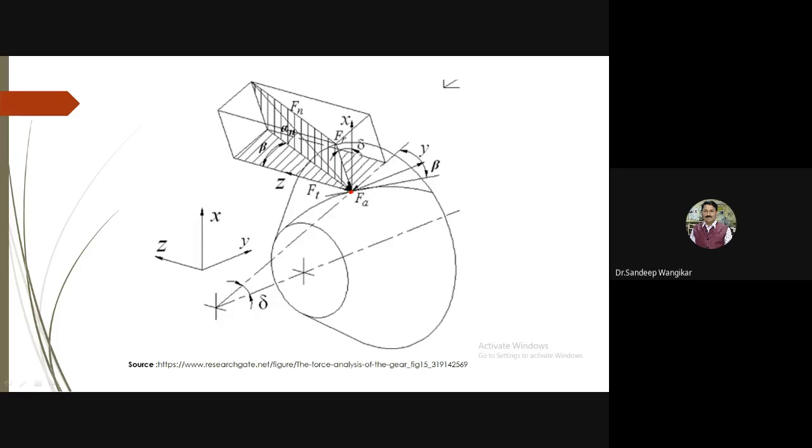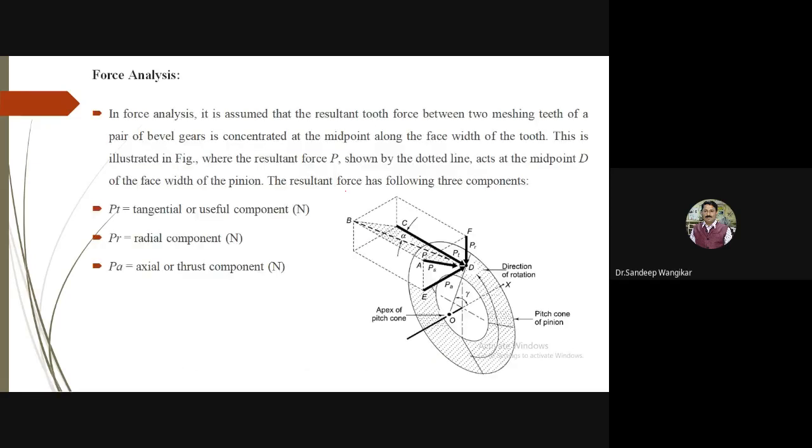You can take help of the diagram, and then we will give our sign conventions. This diagram is for your understanding purpose. In the bevel gear, at the center the force analysis is concerned, and the force in our diagram is shown by this dotted line.